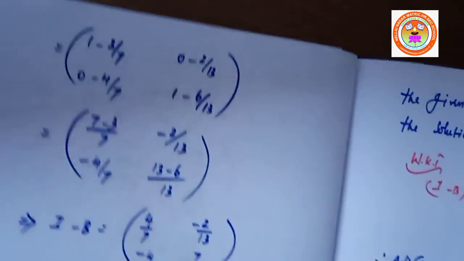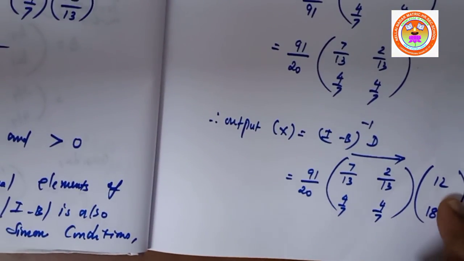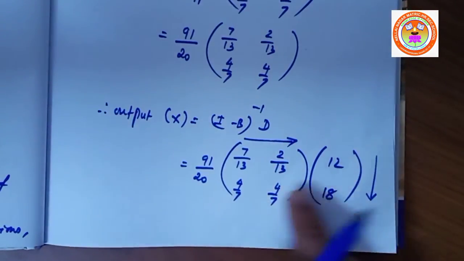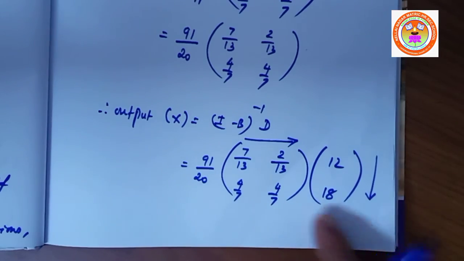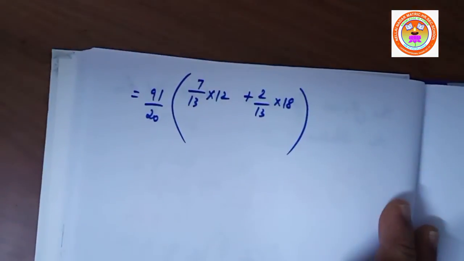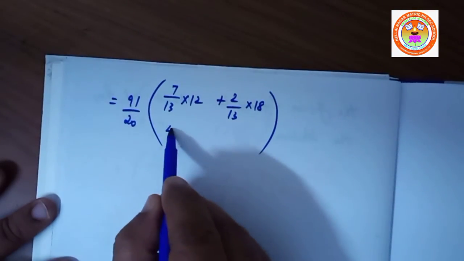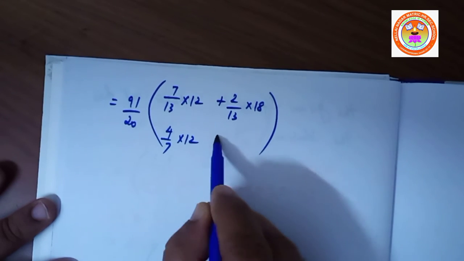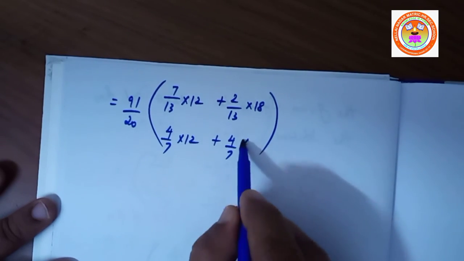Then the next one, 4 by 7 into 12 plus 4 by 7 into 18.